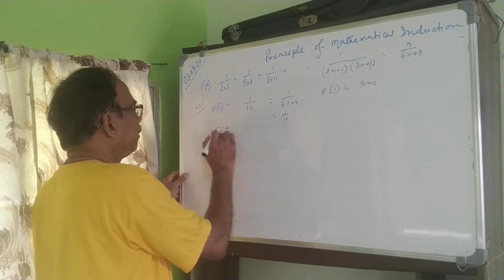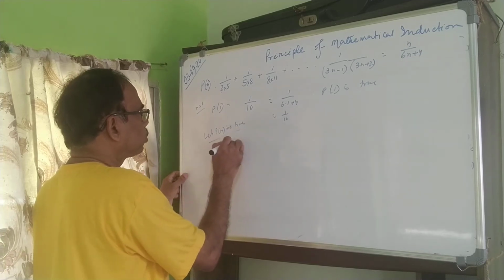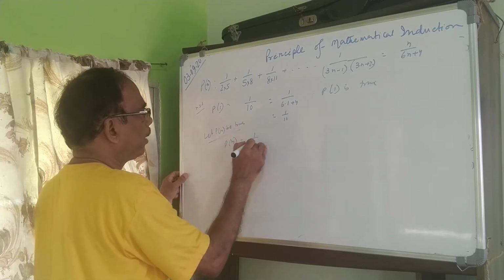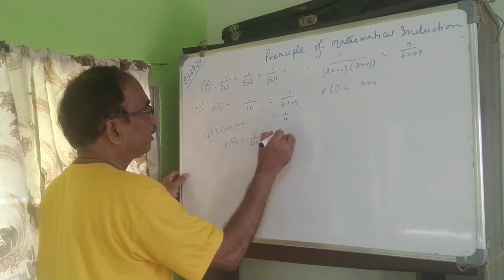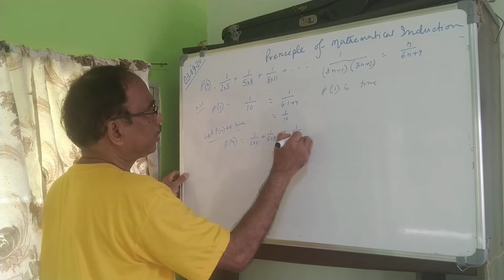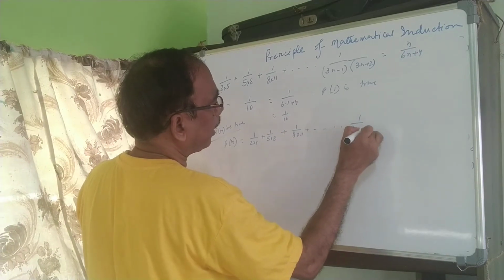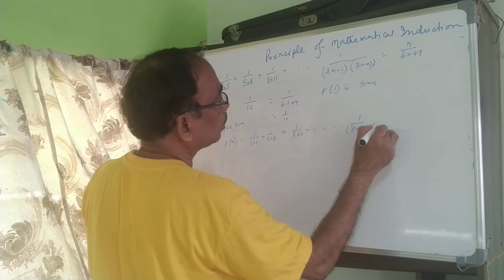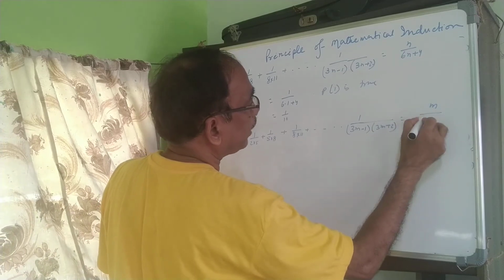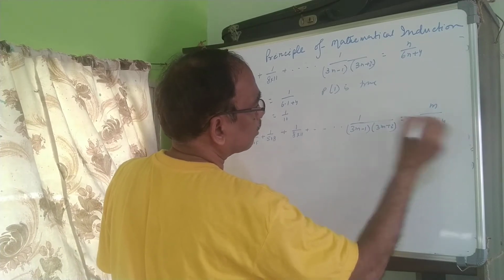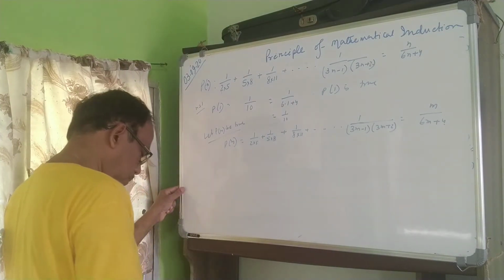Let P(m) be true. Then P(m) equals 1 by 2 into 5 plus 1 by 5 into 8 plus 1 by 8 into 11, up to 1 by 3m minus 1 into 3m plus 2, equals m by 6m plus 4.